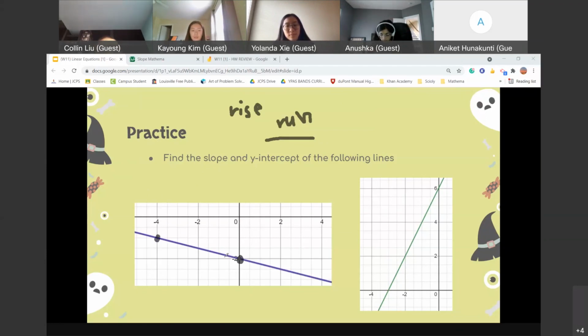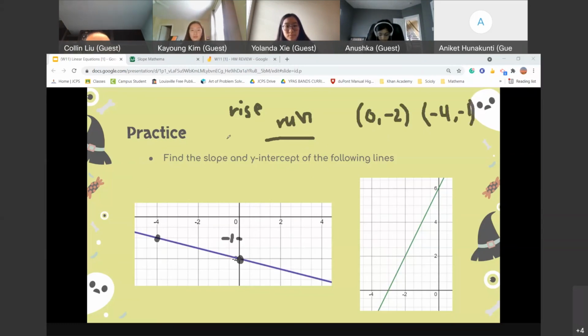So I'm going to pick this one and this one. Remember we just did naming coordinate points, right? Do you know how to name these 2 points? What would it be? (0, -2), that's one of them. And what's the other one? (-4, -1). Yep, exactly. So that's where I got my 0 and -4 from.